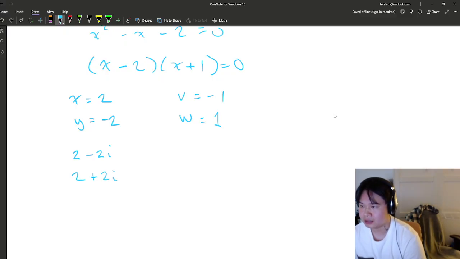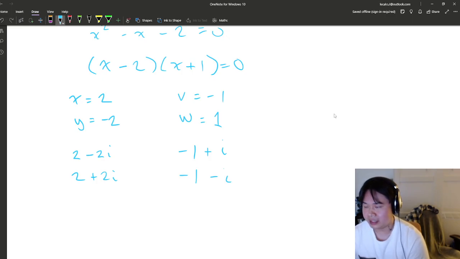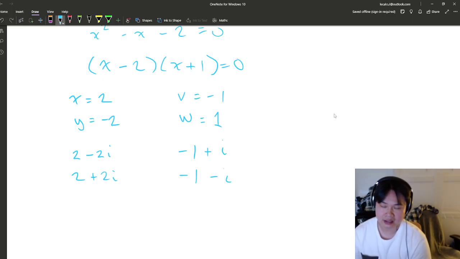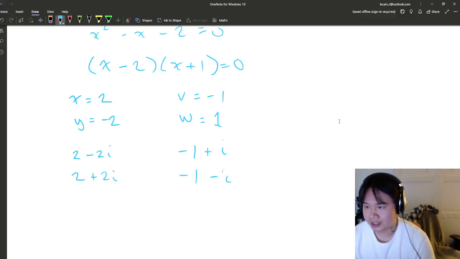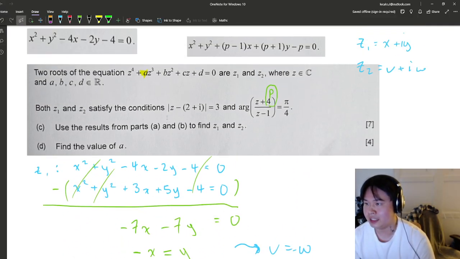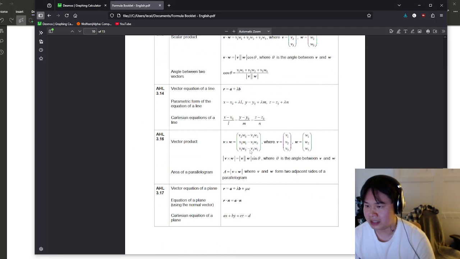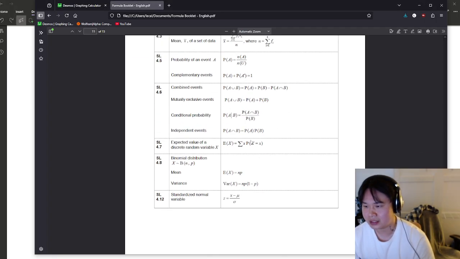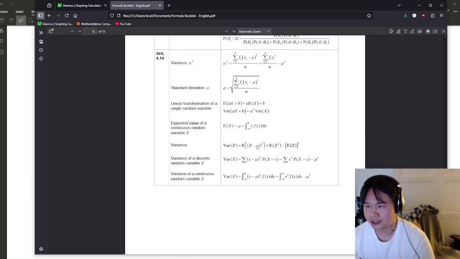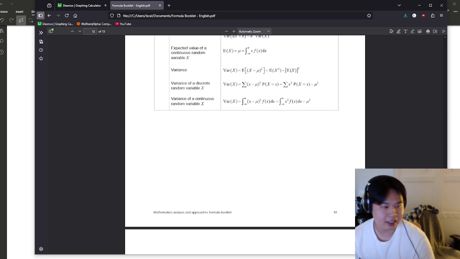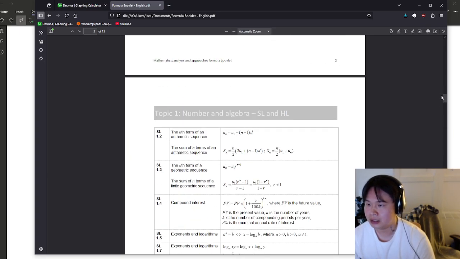All four of these you can use Vieta's formulas because this is a real valued polynomial, and that means A is the negative sum of all the roots because our leading coefficient is 1.